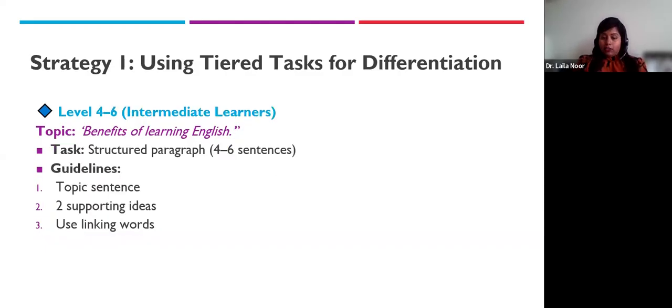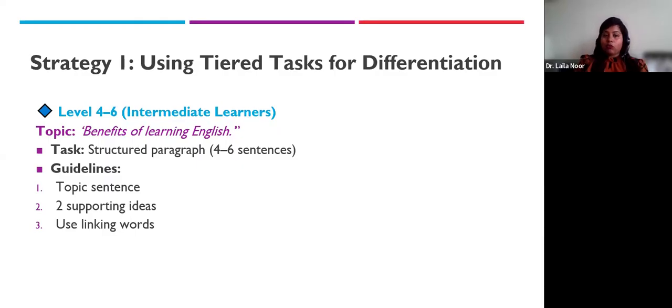For intermediate learners, we might go to more detail, a more advanced level, like we can ask them to write a structured paragraph. Though the subject is the same, the benefits of learning English, here we are expecting a more advanced level, like a structured paragraph. We also say that it could be 4 to 6 sentences.